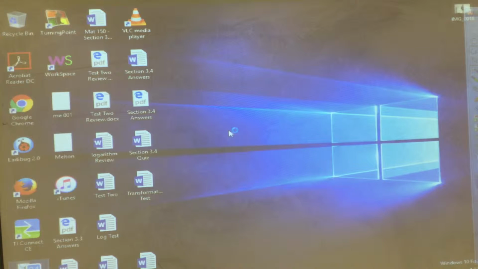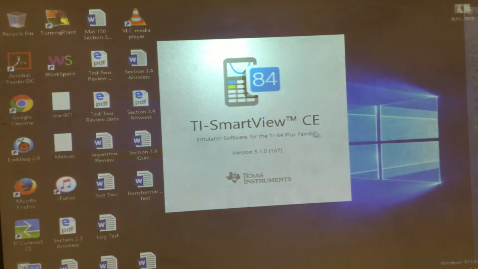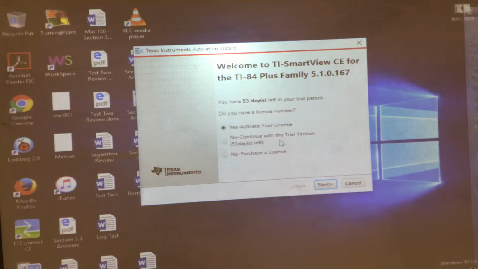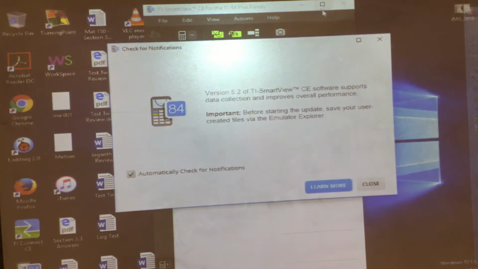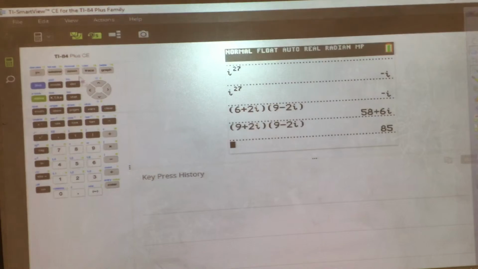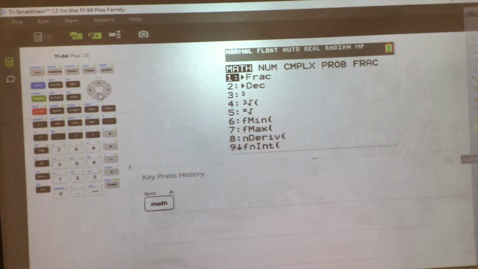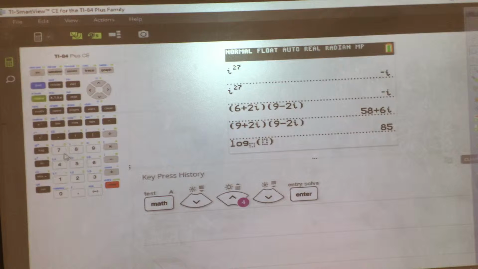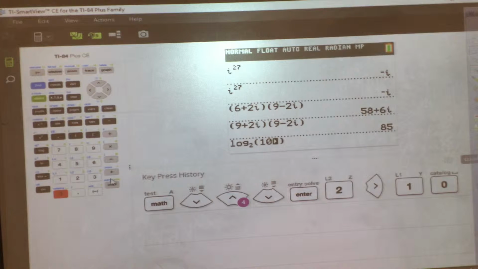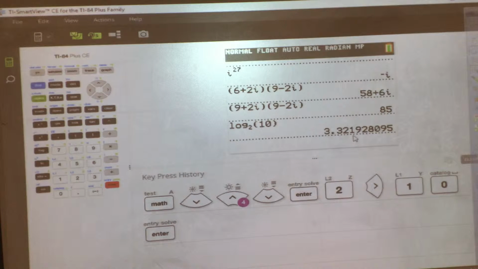Calculator. Okay, so on the calculator, we can type that in. So log base 2 of 10 is 3.3219.